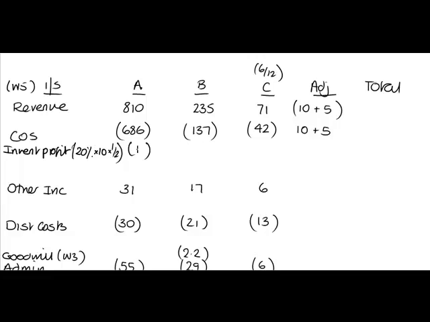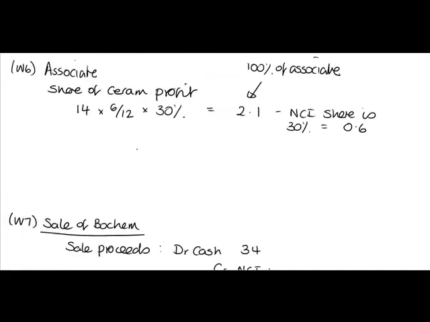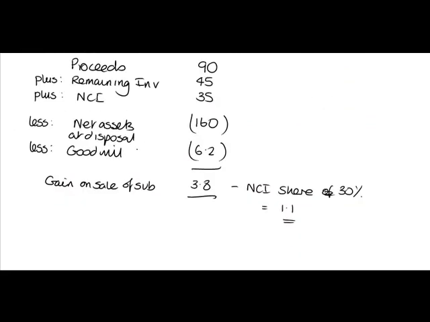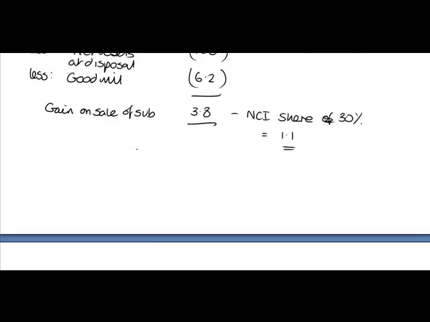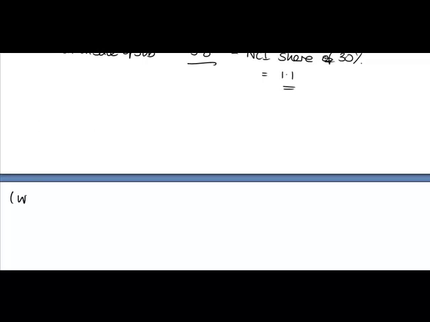The next item has got nothing to do with consolidation. It's testing us on financial instruments. So we say in respect of working number 9, this is our bond.